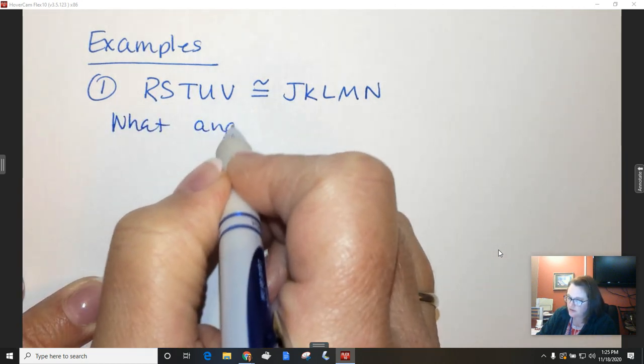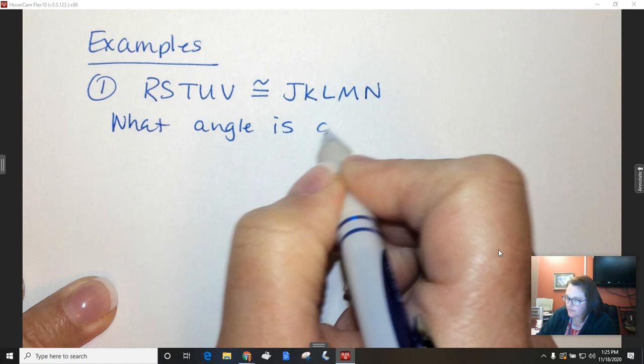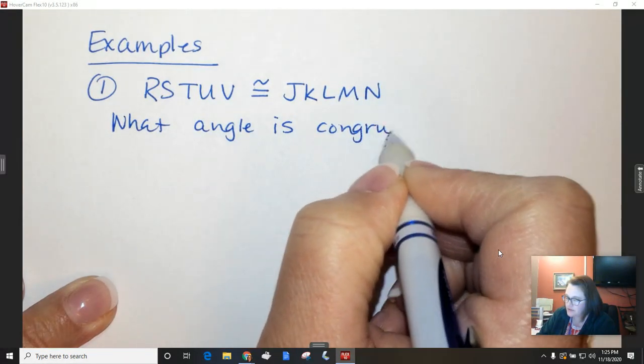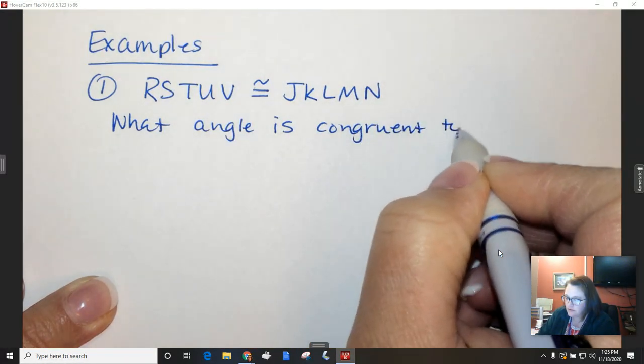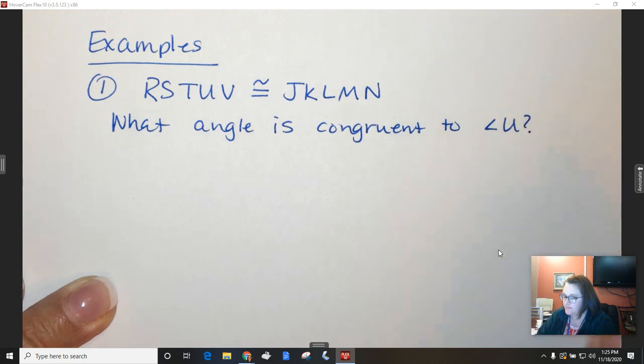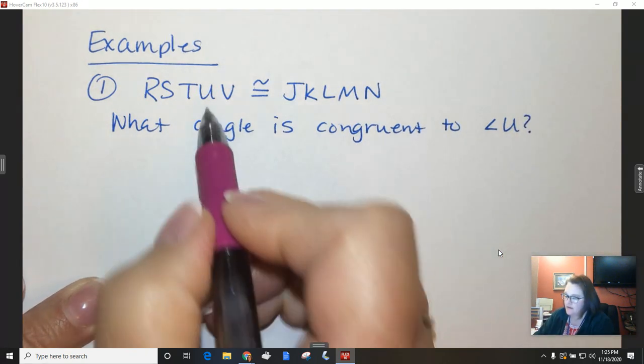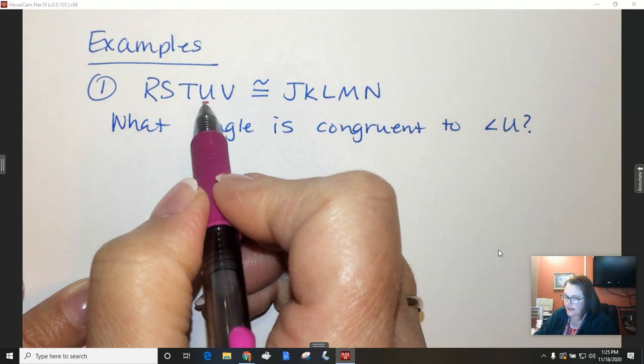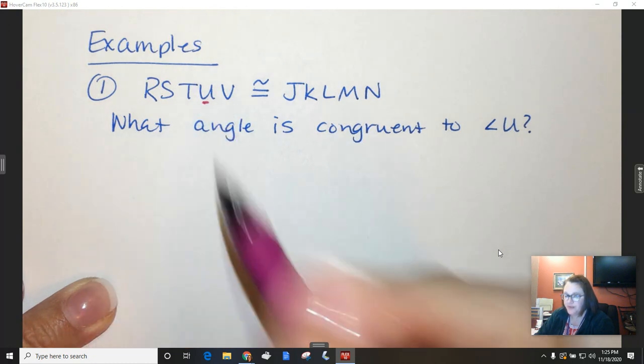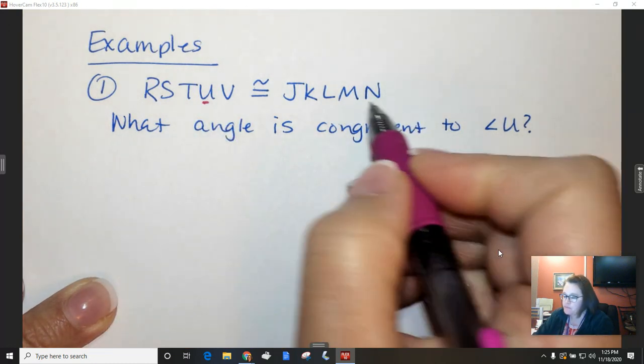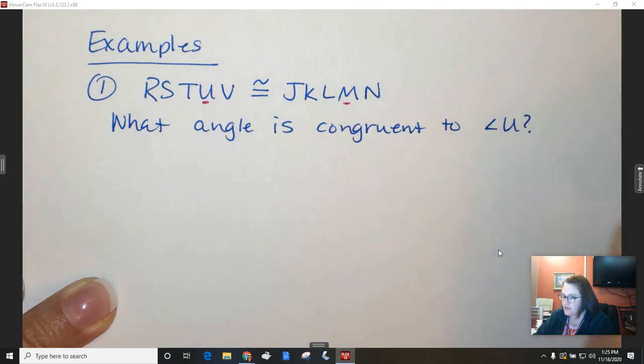So what angle is congruent to angle U? Angle U is the next to the last angle in the name. So the next to the last angle in the name here would be angle M. Those two angles are going to be corresponding angles, and they'll be congruent.